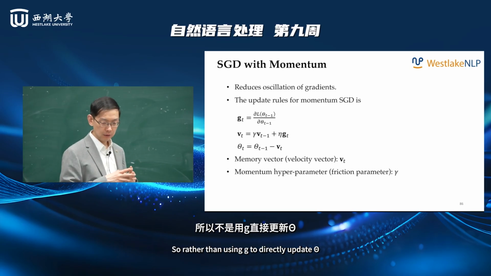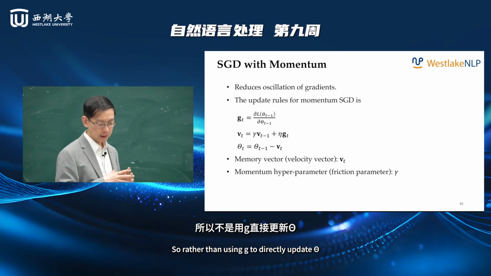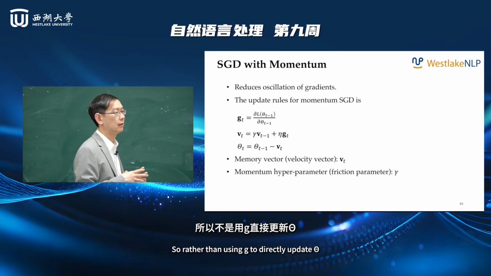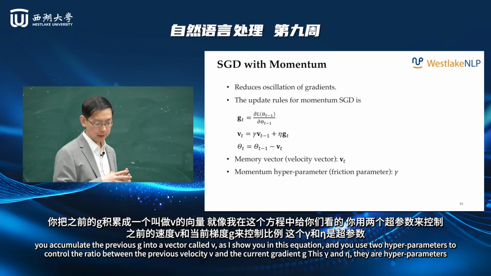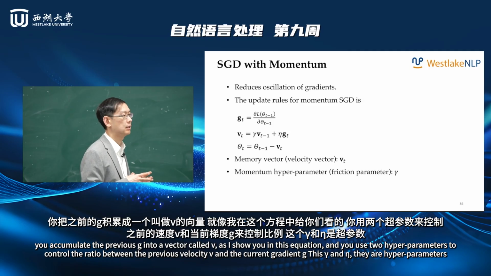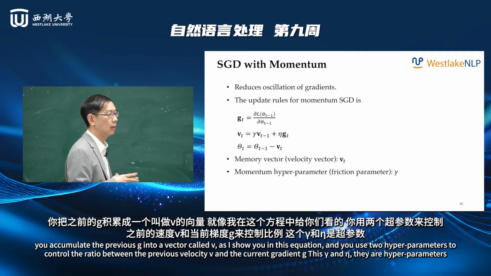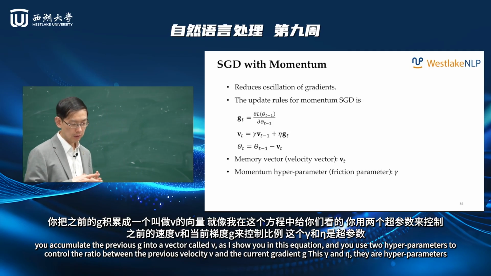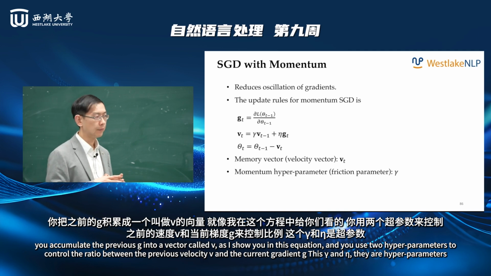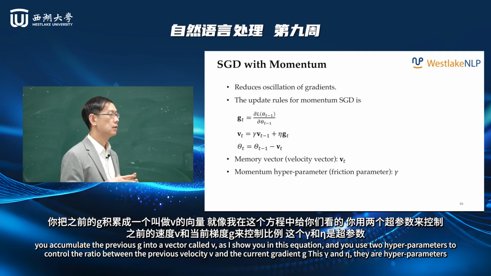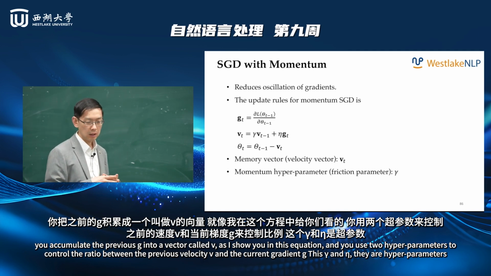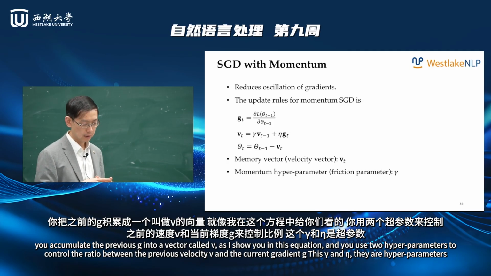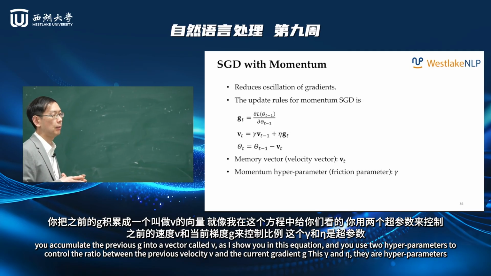So rather than using G to directly update theta, you accumulate the previous G into a vector called V, as I show you in this equation. And you use two hyperparameters to control the ratio between the previous velocity V and the current gradient G. This gamma and eta, they are hyperparameters.